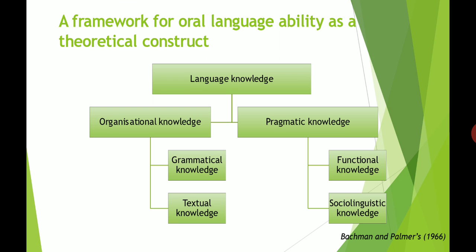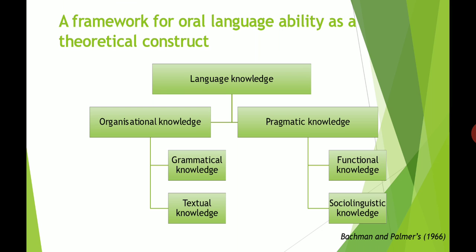So, in the organizational knowledge, there is grammatical knowledge. Grammatical knowledge for children is their knowledge of vocabulary, syntax, and phonology, which needs to grow and deepen. And textual knowledge: children need to be increasingly able to speak in ways that are cohesive as well as organized.